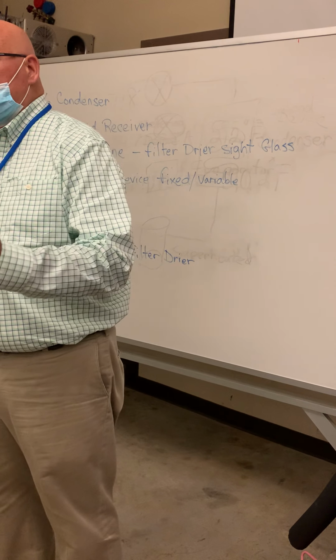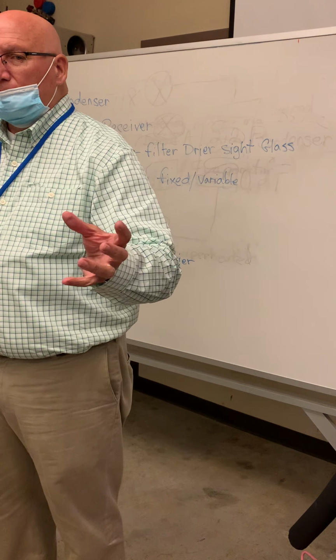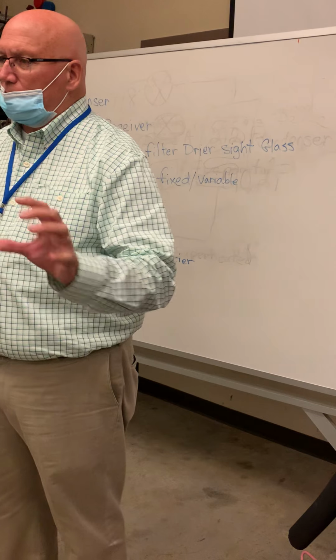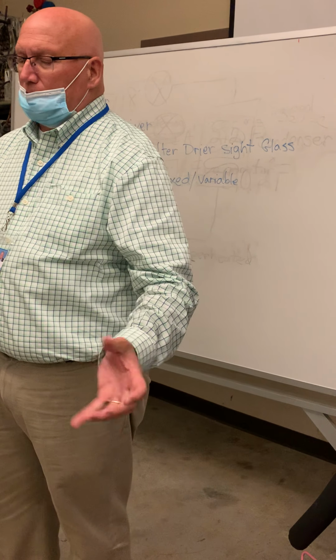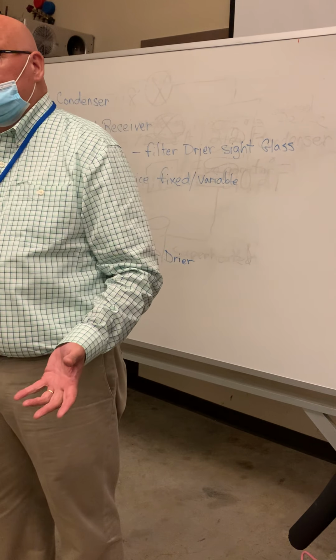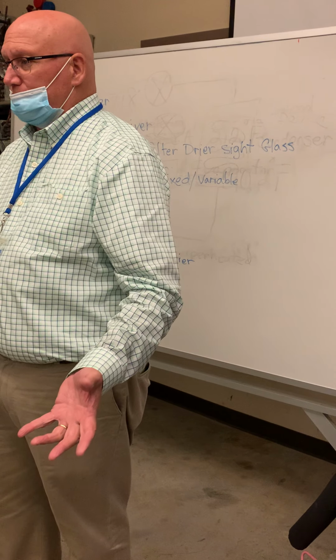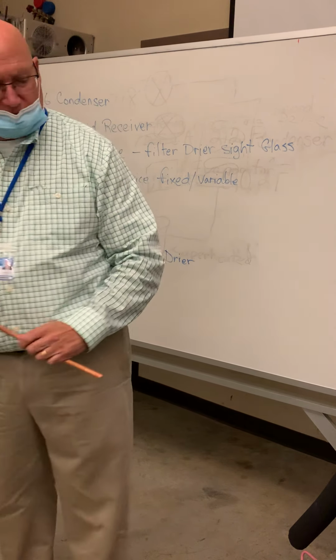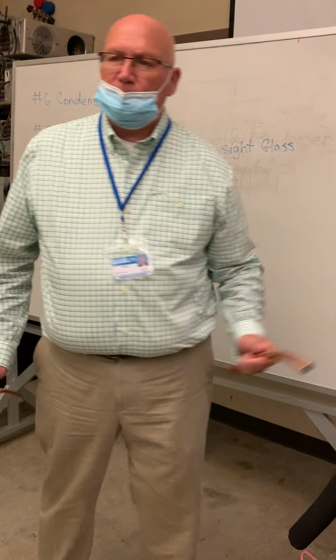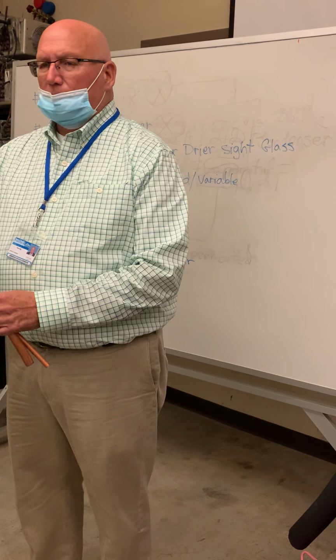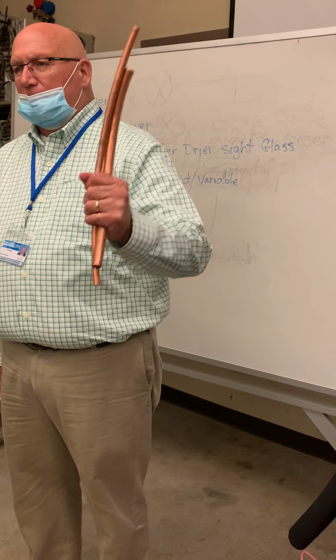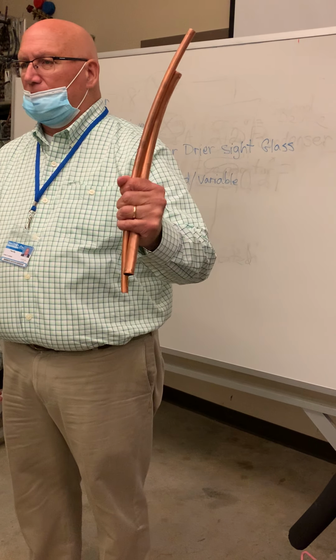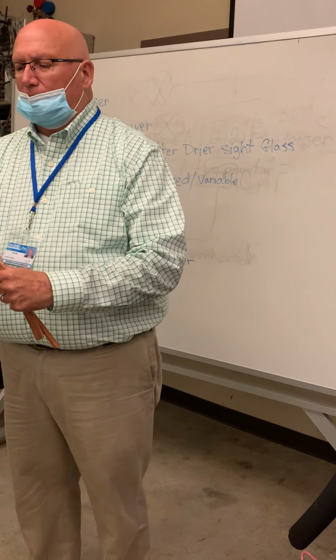Well, systems come with what's called a factory charge of refrigerant. And let's say that factory charge is 7 pounds. That factory charge is generally good for what's called 50 foot of line set. Well, what's line set? Line set is the combination of the suction line and the liquid line.